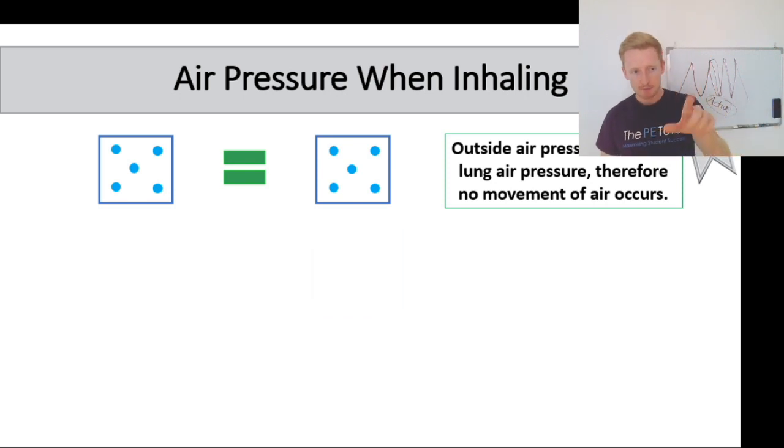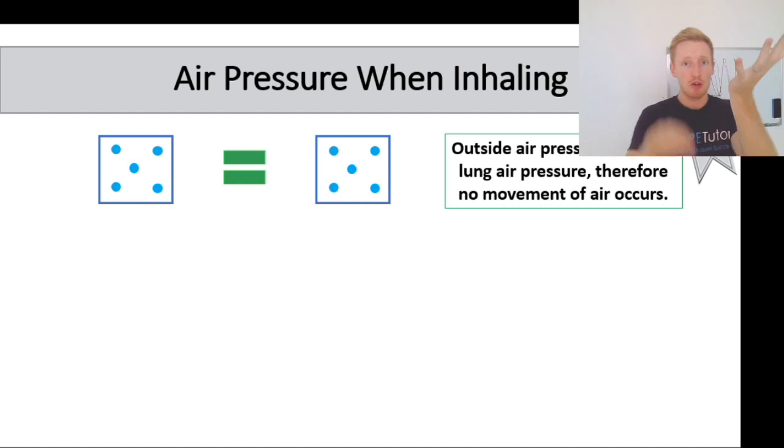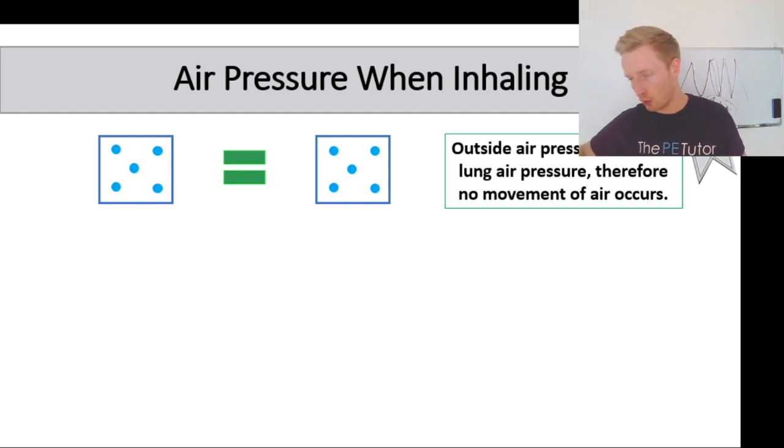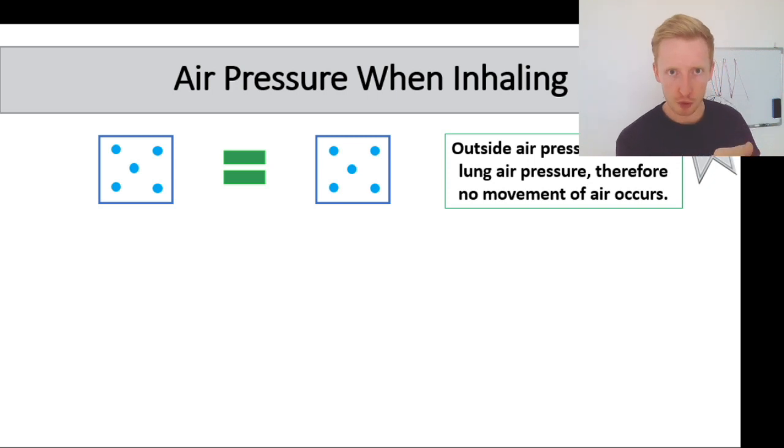So this, what I said at the very start, there's 3 stages of breathing. Inspiration, the pause, expiration, and the pause. Well, at this point here, we're talking about the pause.